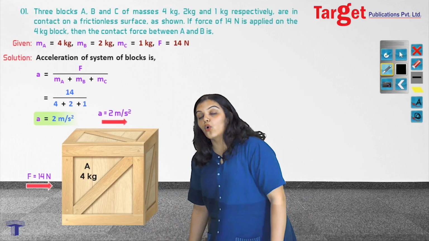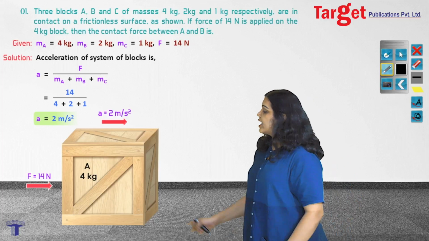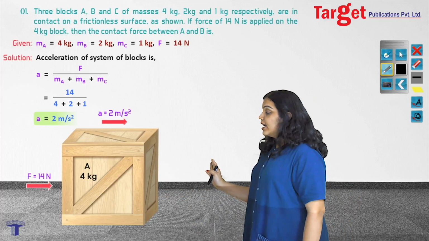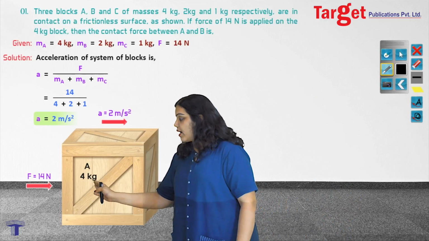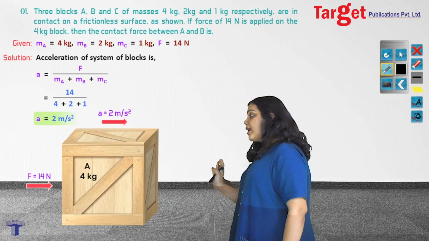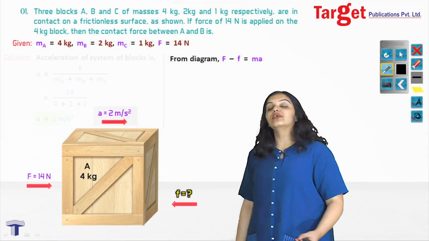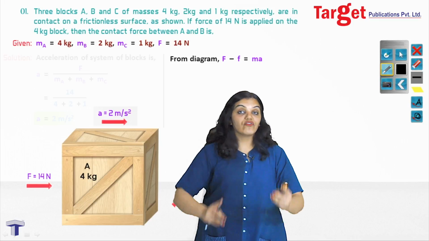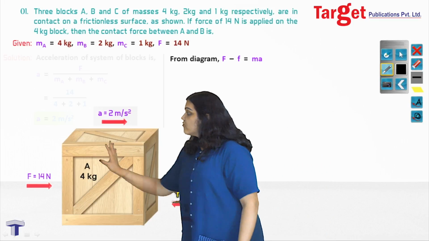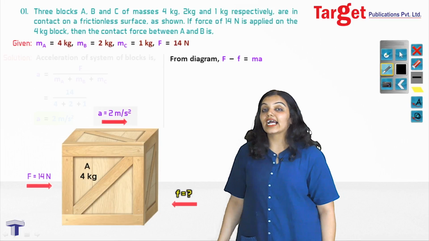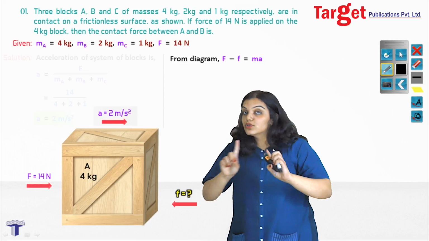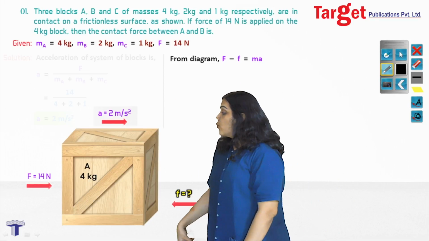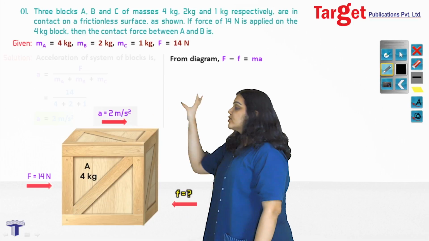And I also know that a reaction force exists between A and B. Now the reaction force will be exerted by A on B and by B on A. But remember, when you draw a free body diagram of any object, you only have to include those forces which are acting on the object. You don't have to include the forces which are exerted by the object on others.